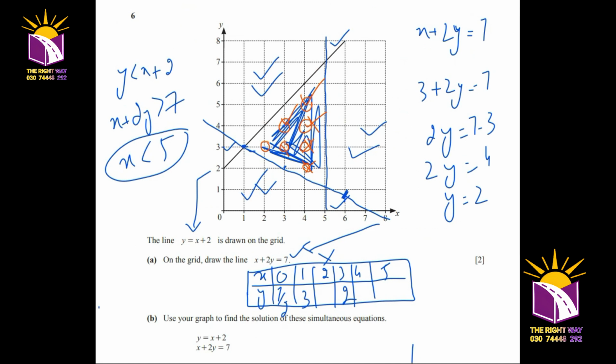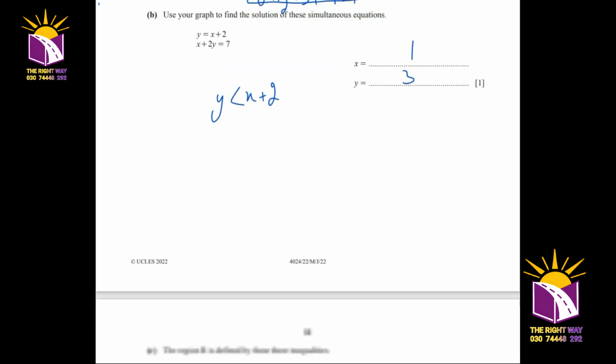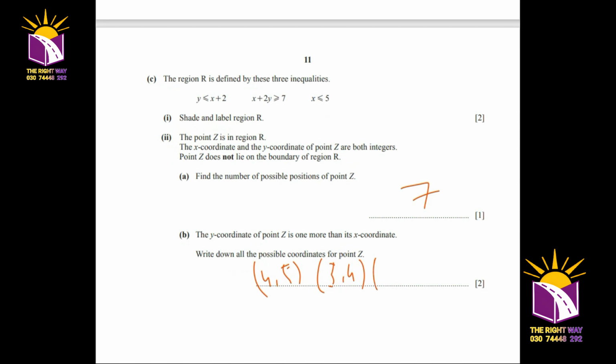And this one is 3, 3, no. And the last one is 2, 3. So I am also going to write this one in which y is greater than x. So these are the three possible coordinates of Z in which y is greater than the x coordinate.